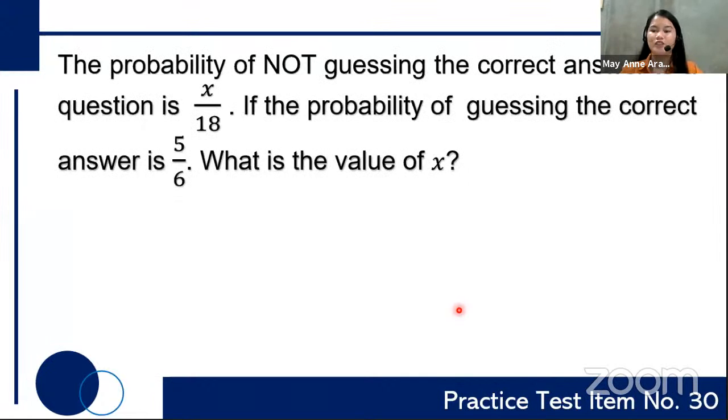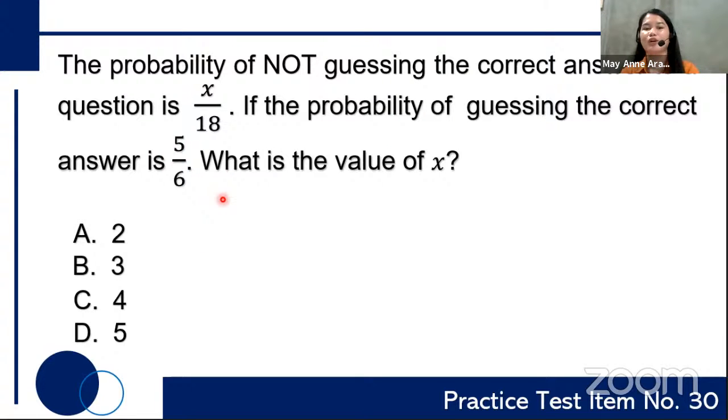And for the last question: the probability of not guessing the correct answer to a question is x/18. If the probability of guessing the correct answer is 5/6, what is the value of x? We will apply here the complement of an event. The probability of not guessing is x/18, and the given probability is for guessing the correct answer.